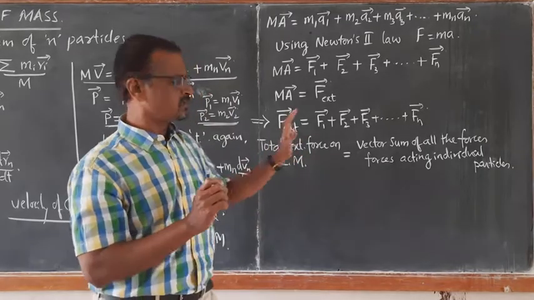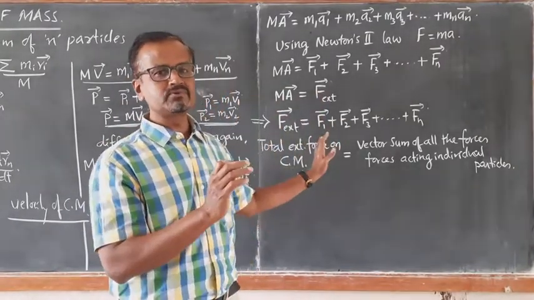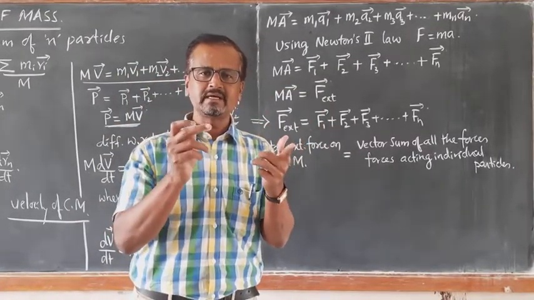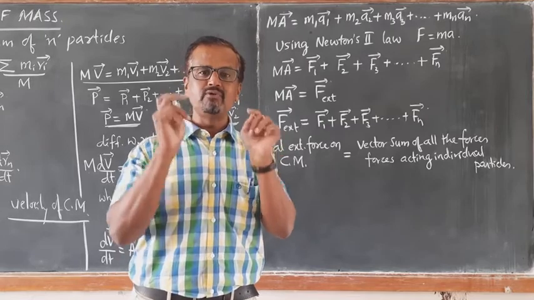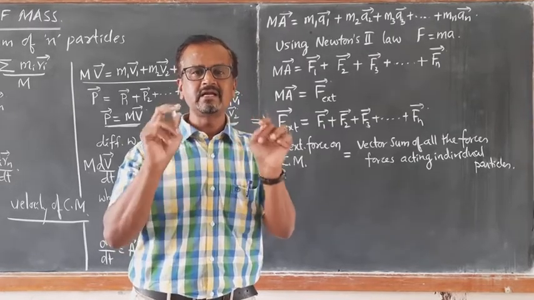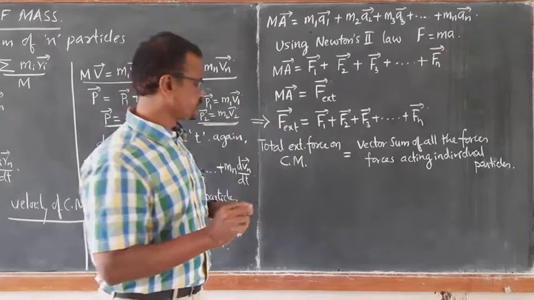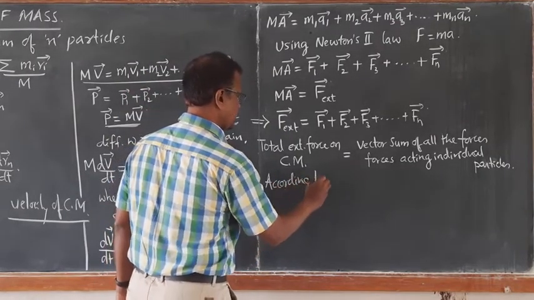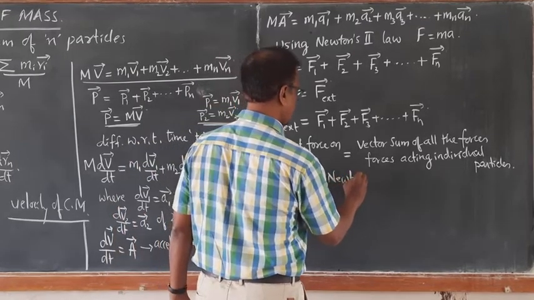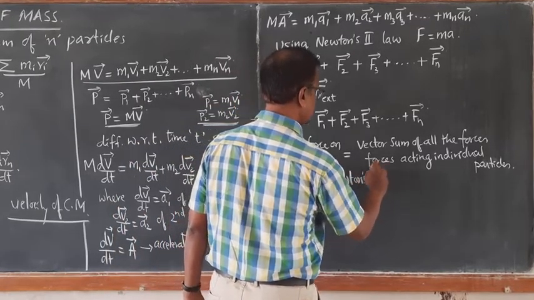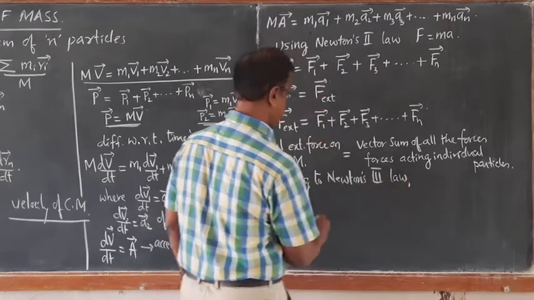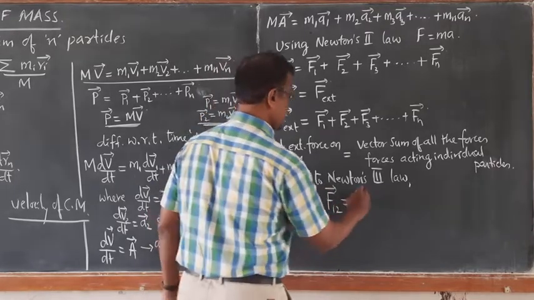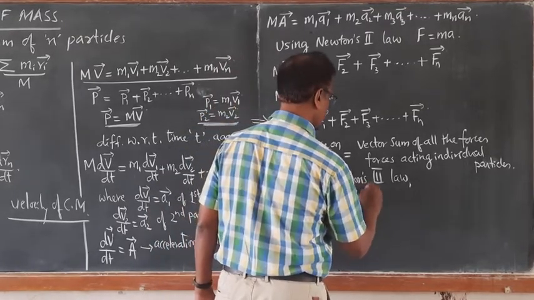So, only the impact of external force is observed. Although internal forces exist in the system of n number of particles, the net internal force cancels. The net internal force becomes 0, according to Newton's third law. If F12 is the force on 1 due to 2, it is exactly equal and opposite to force on 2 due to 1.